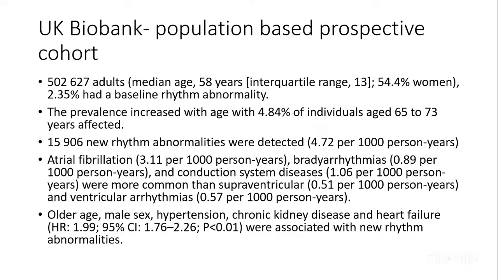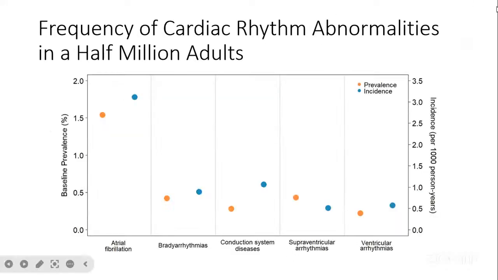And they also looked at them, like I said, over an average of 7 years, and they discovered about 15,900 new rhythm abnormalities among them. And atrial fibrillation still came on top, followed by bradyarrhythmia. And this is showing what I talked about, both at the baseline and new abnormal heart rhythms that developed along the way. Still more of atrial fibrillation, followed by bradycardia and conduction abnormality, then followed by other types of abnormal heart rhythm.